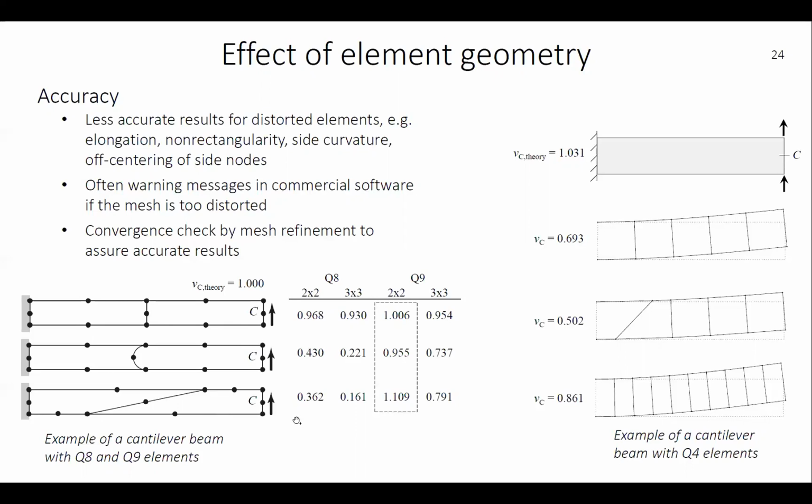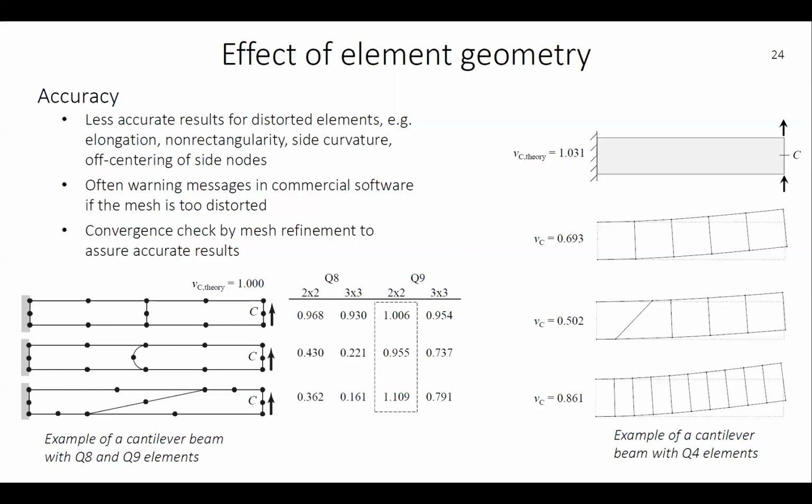I would say that it's mostly for very simple cases that you have an analytical solution to the problem. But still you can make some convergence check by gradually increasing the number of elements and see if there is any difference in the solution compared to the previous solution. If you have distorted elements for any reason, many commercial software will give you a warning message that the mesh is too distorted.